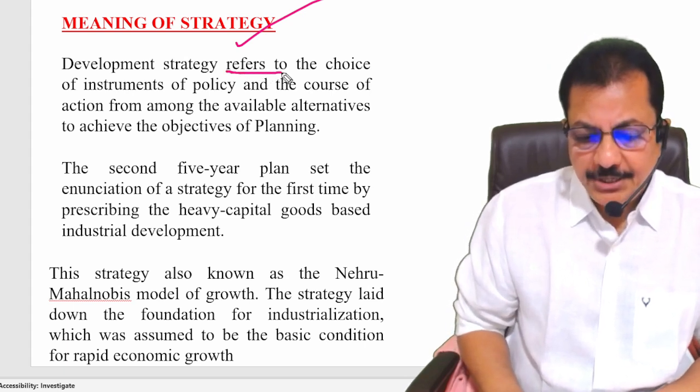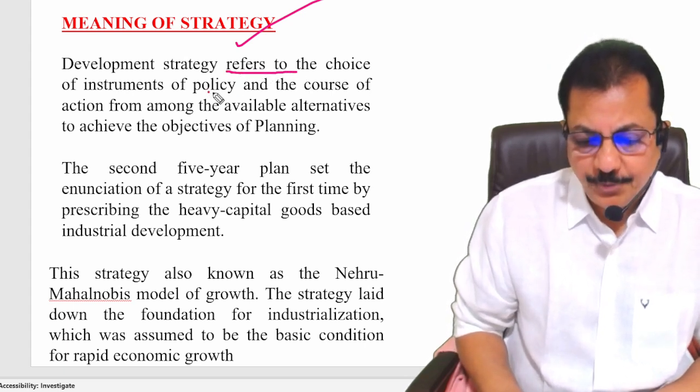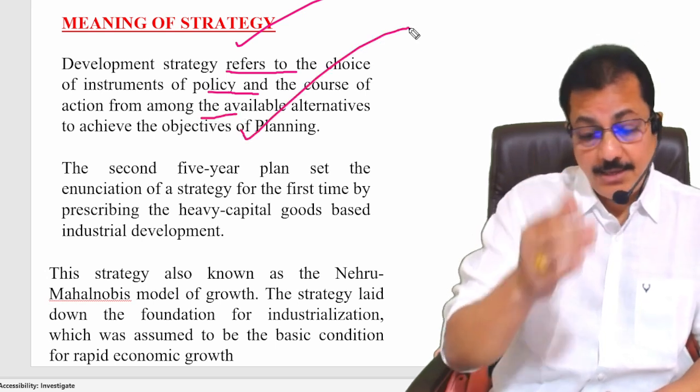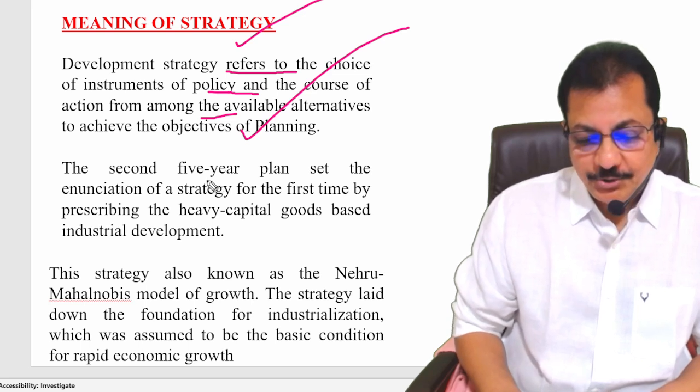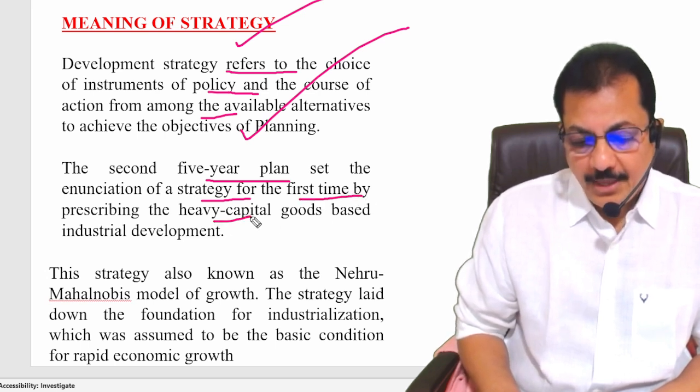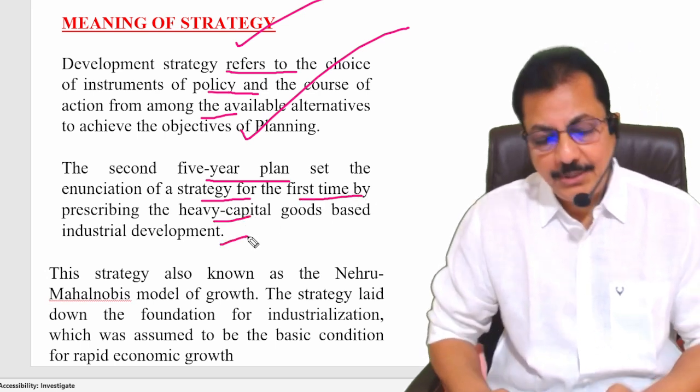Development strategy refers to the choice of instruments, policy and the course of action from among the available alternatives. Clear? Yesterday I gave you the examples also. So the second 5-year plan set the enunciation of a strategy for the first time by prescribing heavy capital goods based industrial development.